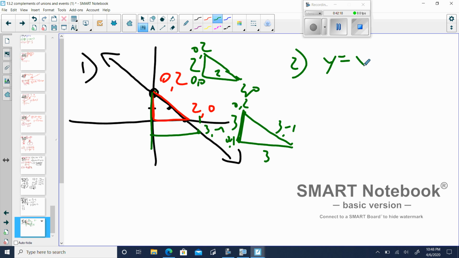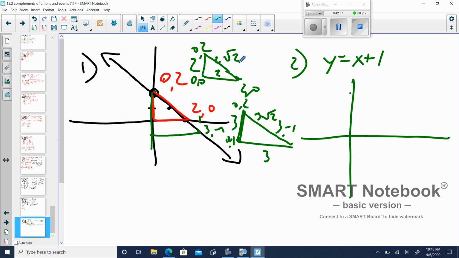So y equals x plus 1. They're similar because they're proportional. Their leg lengths are related in a proportional way. All right, so x plus 1.